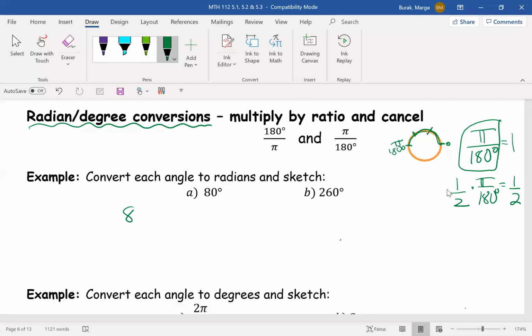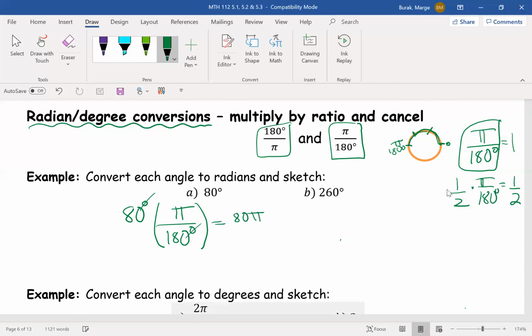All you do is take the degrees and times it by either 180 over pi or pi over 180. The way that you know which one is, if it's degrees, you want the degrees to cancel, so you put the degrees on the bottom and the pi on top, because now the degrees will cancel with degrees, and then you'll have 80 pi over 180, but we don't want that.